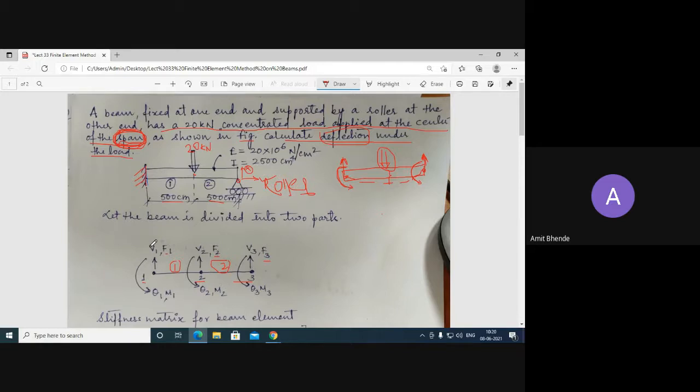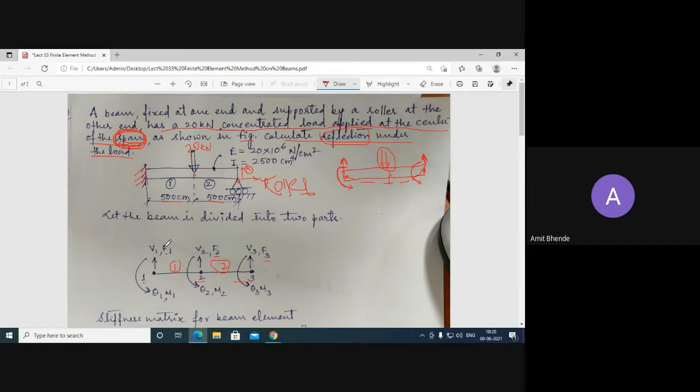Similarly, V1 is the displacement of node 1, V2 is the displacement of node 2, and V3 is the displacement of node 3. Okay, so F1, F2, F3, these are the transverse loading, and V1, V2, V3, these are the displacements of the three nodes in the vertical direction.